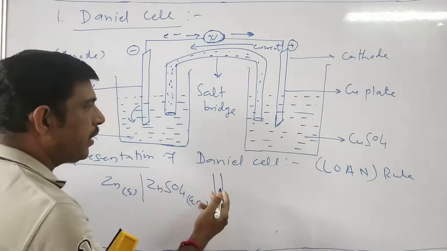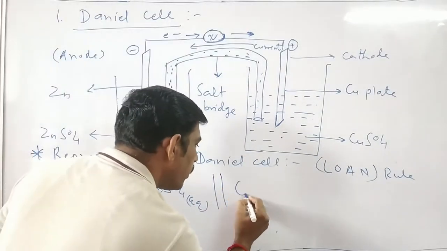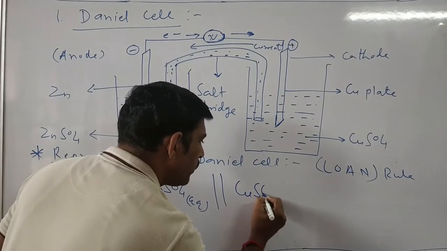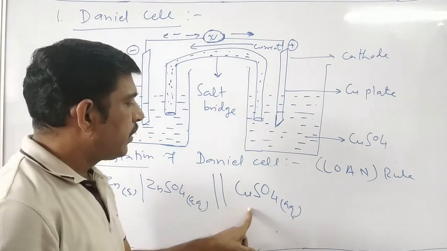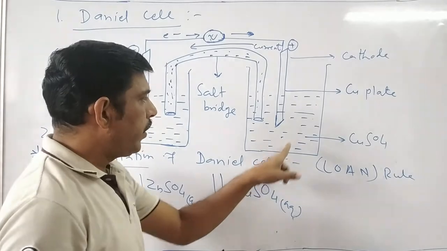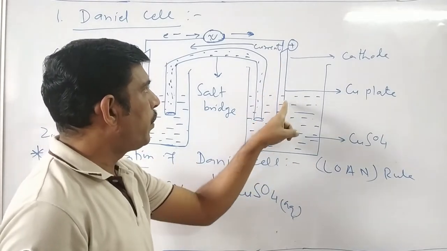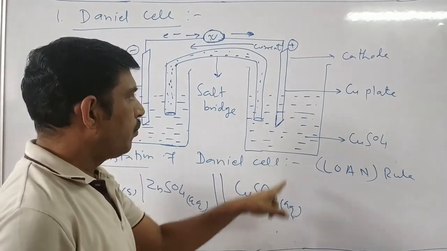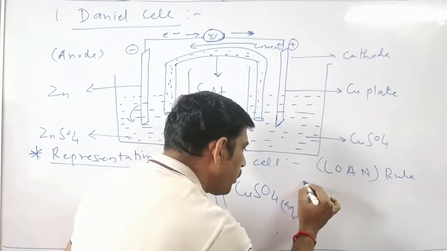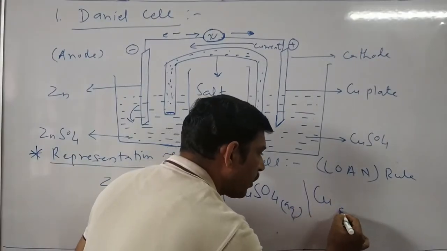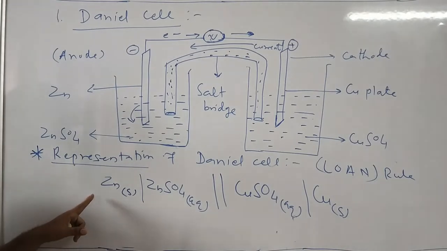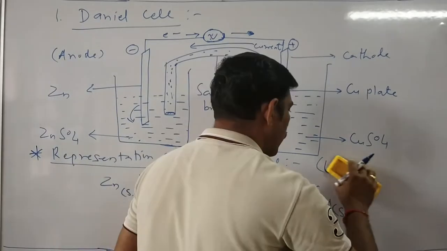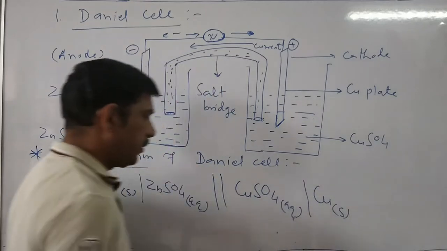After that, we write the second electrolyte of the second half cell. Again, the boundary between the copper sulfate and the copper we show by a single vertical line, and copper is in solid state. So this is the complete representation of a Daniell cell or galvanic cell.